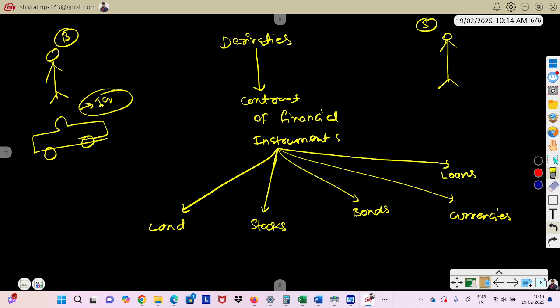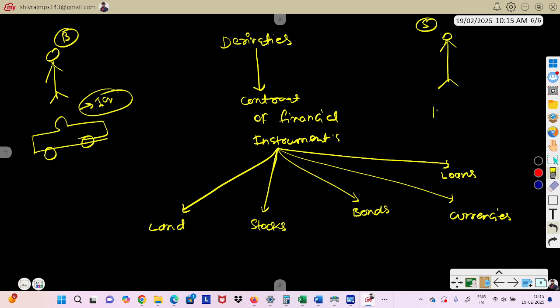Unfortunately, you are safe, but your car is damaged, and for repairing you need at least 20 lakhs. So 20 lakhs now would be your loss, correct? You purchased an asset, but the very next day you met with an accident, and now you will have to pay 20 lakhs to repair your car.